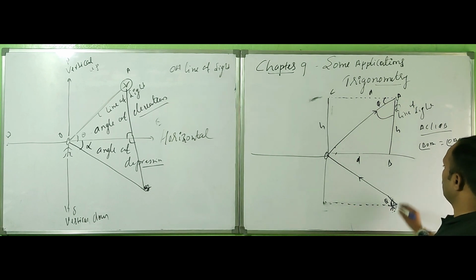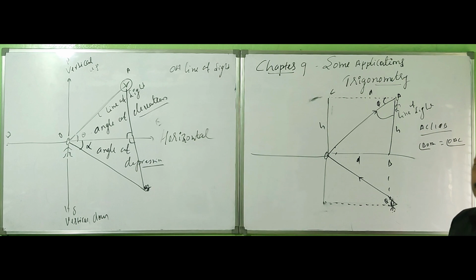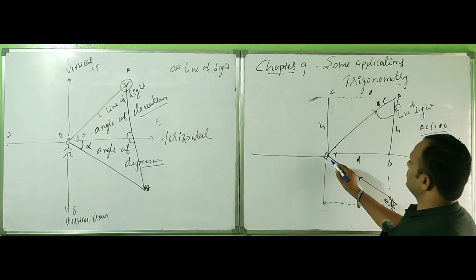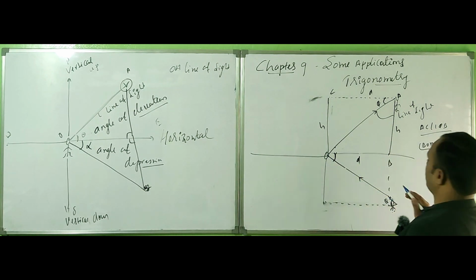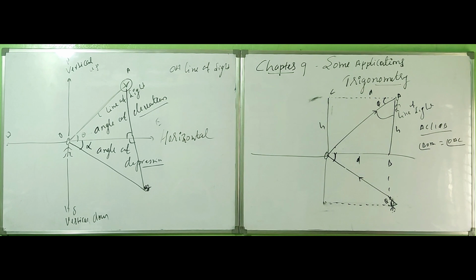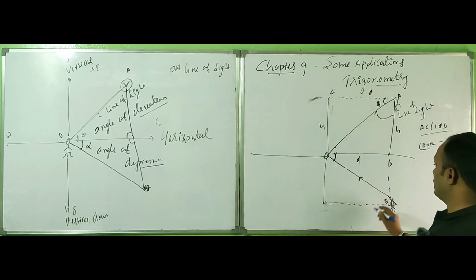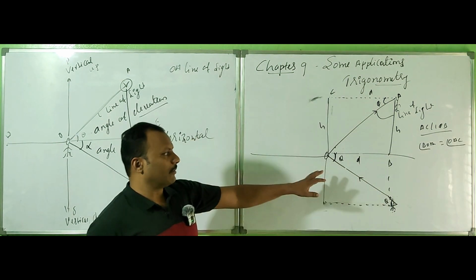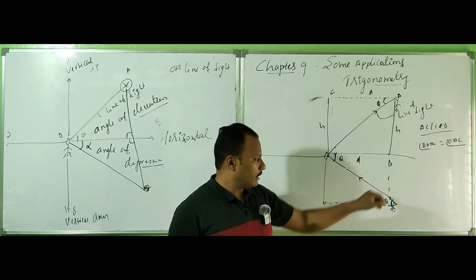This is the horizontal, parallel to this one. Therefore this angle becomes also this angle here. Similarly, if you make this one theta, this becomes theta. But here we are not considering this angle because this is the horizontal.